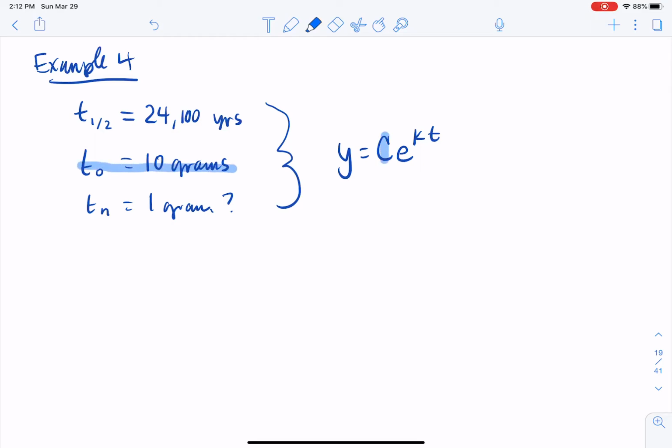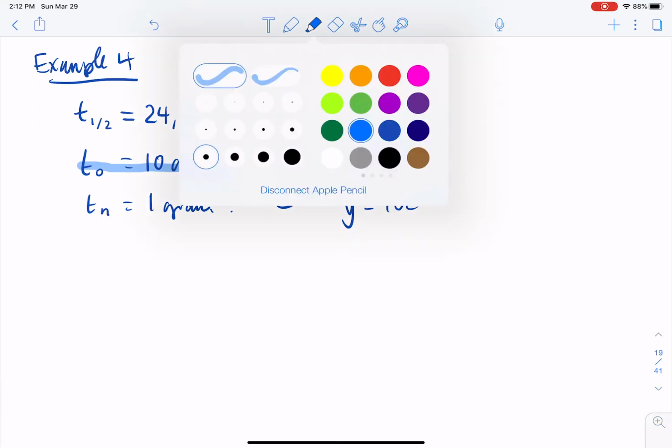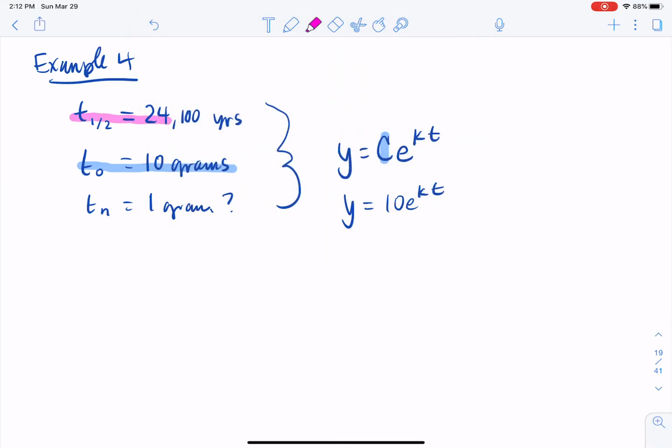We know that that's supposed to be our c right there in the equation. So I'll rewrite that as y is equal to 10 e to the kt.